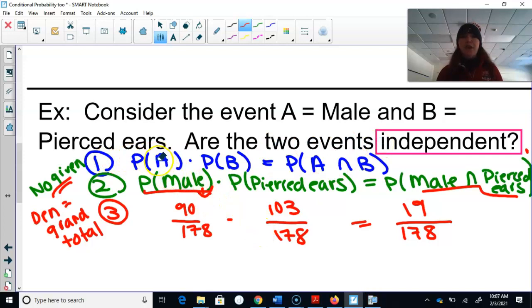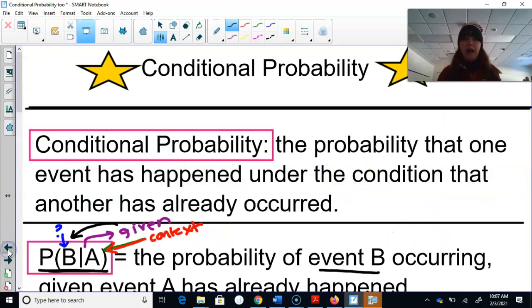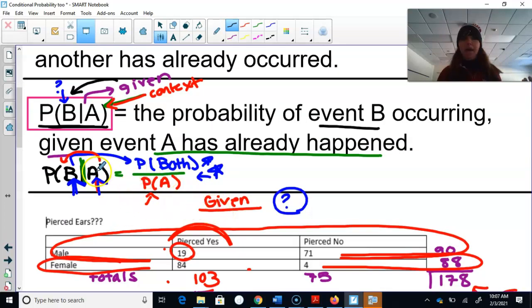Step 2, fill in what your A and your B are, okay? Step 3, keeping in mind when you're figuring out the probabilities for each one, like we did here and here, your denominator is always out of your grand total. It is not like conditional probability because there's no given that is happening, okay? Only in conditional probability, when there is a given, does your denominator change.